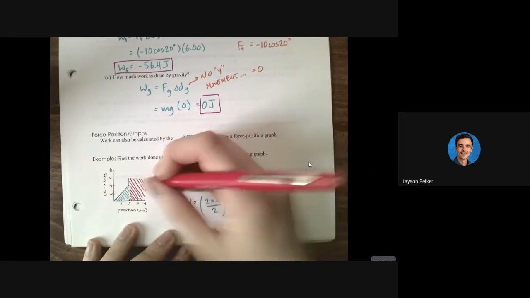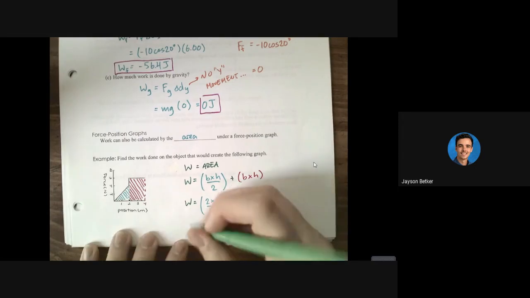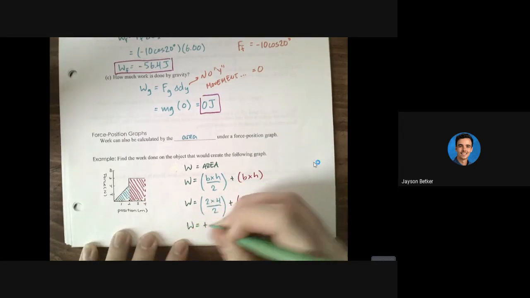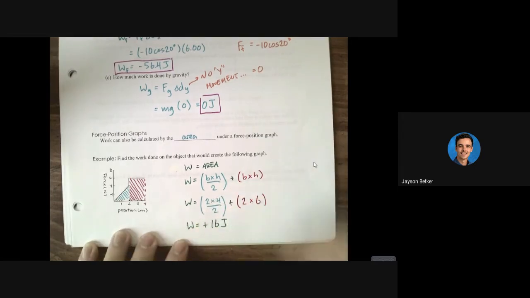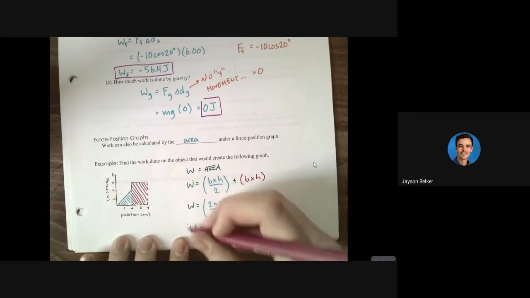And the height goes all the way up to 6. So in our heads, 2 times 4 divided by 2, that's just 4, plus 2 times 6, which is 12. That gives us 16 joules. And that's a positive number. 16 joules of work done.